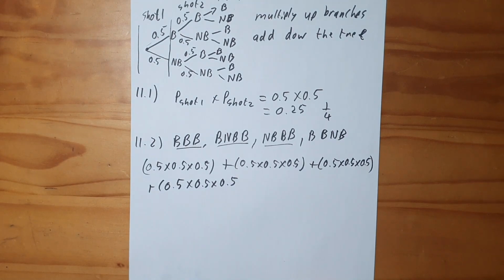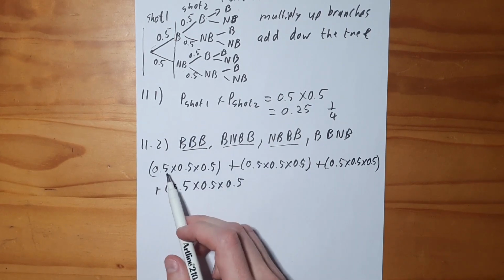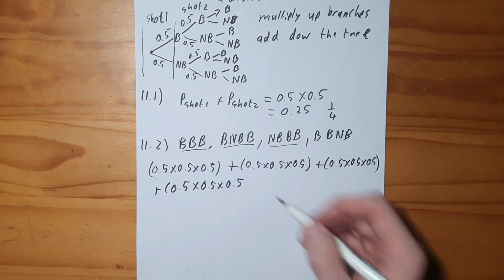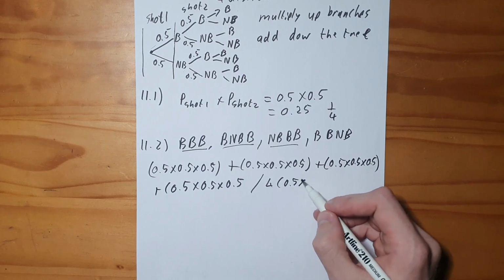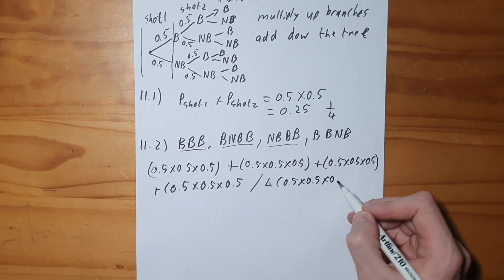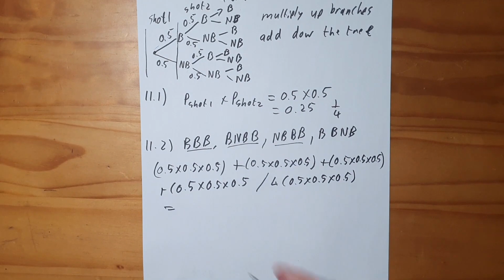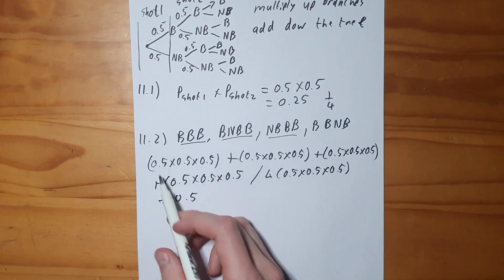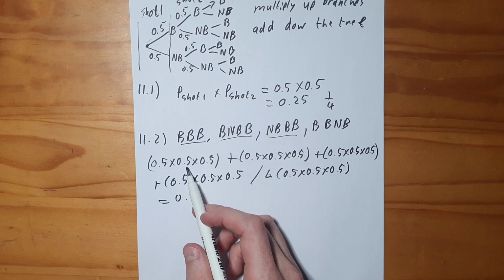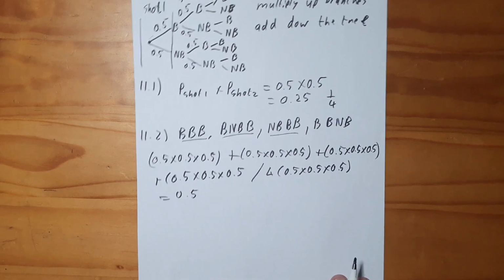By doing that, we can see that there's 4 of these. So you could have also said 4 times 0.5 times 0.5 times 0.5. If you work that out, you'll get an answer of 0.5, because this gives you 0.125, and then timesing it by 4 gives you 0.5.